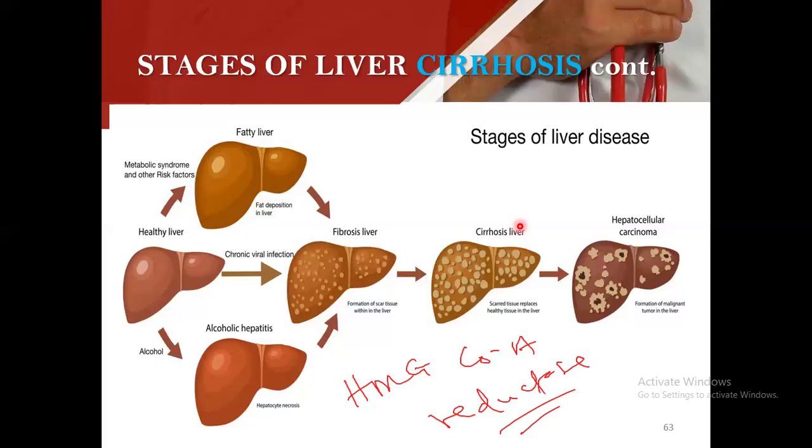We shouldn't forget that some people will not pass through all these stages. Some can move straight from alcoholic hepatitis to hepatocellular carcinoma, without getting cirrhosis. And some will move from fatty liver disease straight to HCC, hepatocellular carcinoma, without going through cirrhosis.